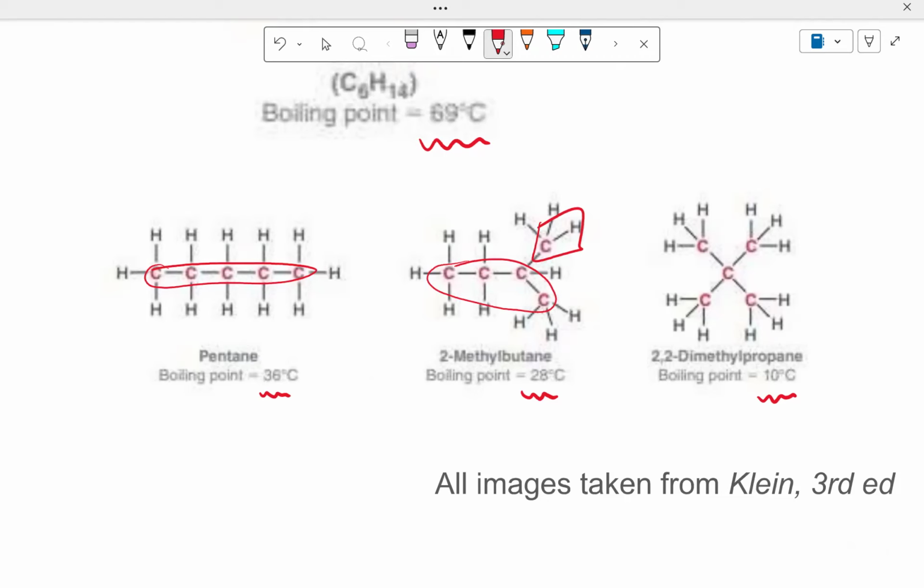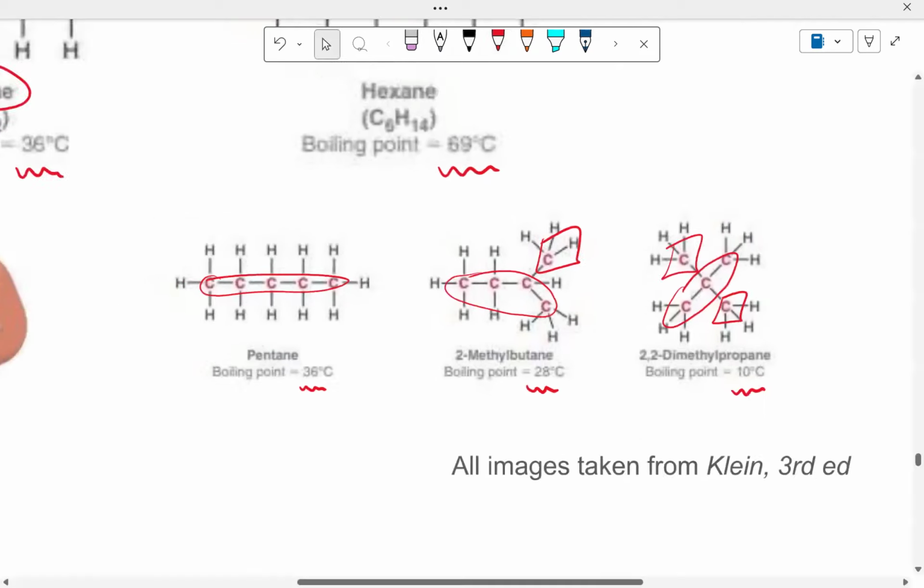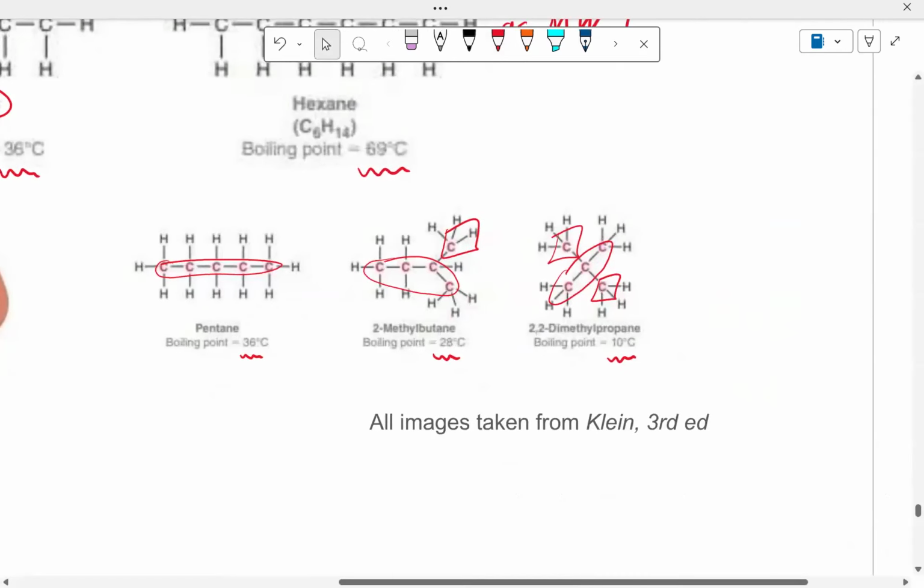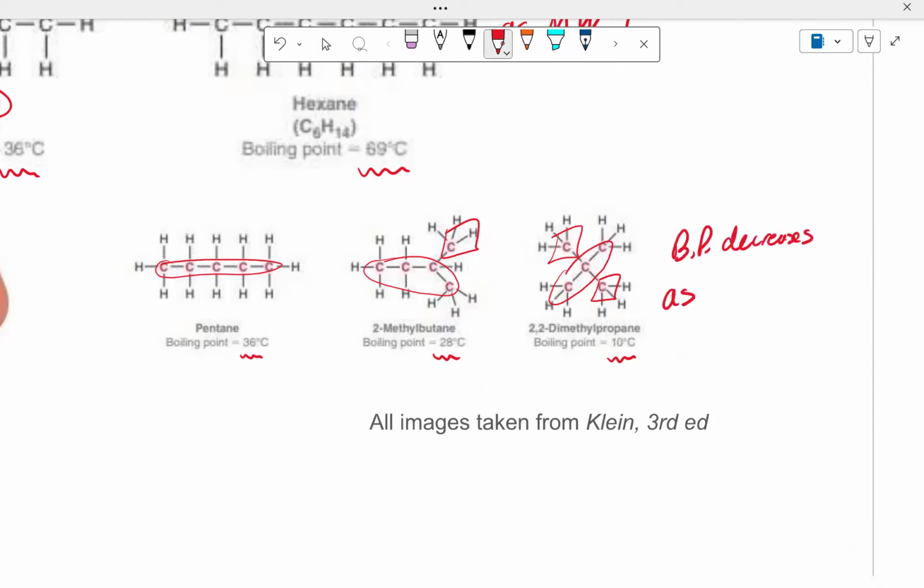If you look at 2,2-dimethylpropane, you've got three carbons in a row, and one hanging off here and one hanging off here. So even though they all have the same formula, their boiling points are different, because the boiling point decreases as branching increases.